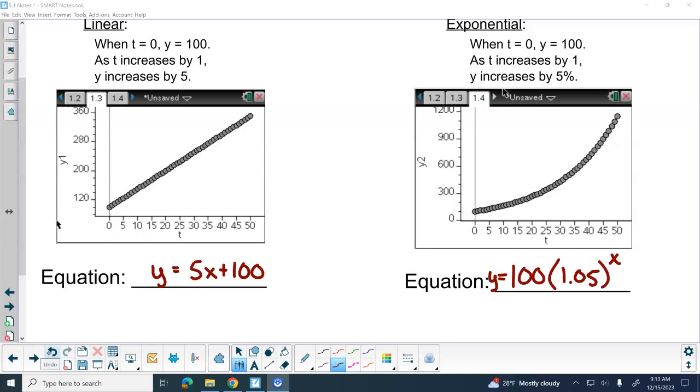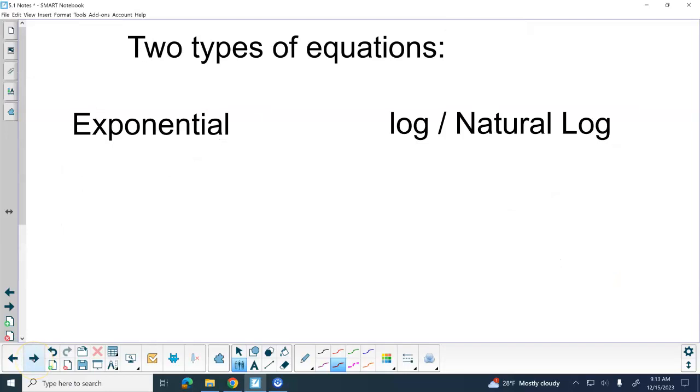Exponent, exponential. There's always those in the maths. So let's talk a little bit about what it means to be an exponential equation and how we solve it, because that's where we really want to get to starting on Monday. We're going to start solving these exponential equations.